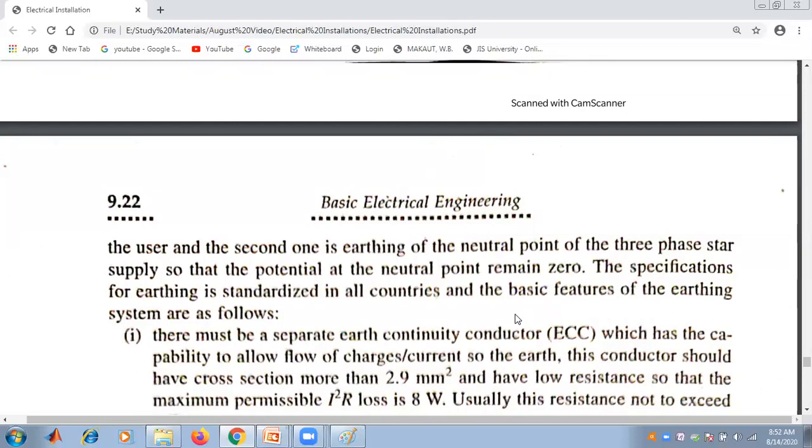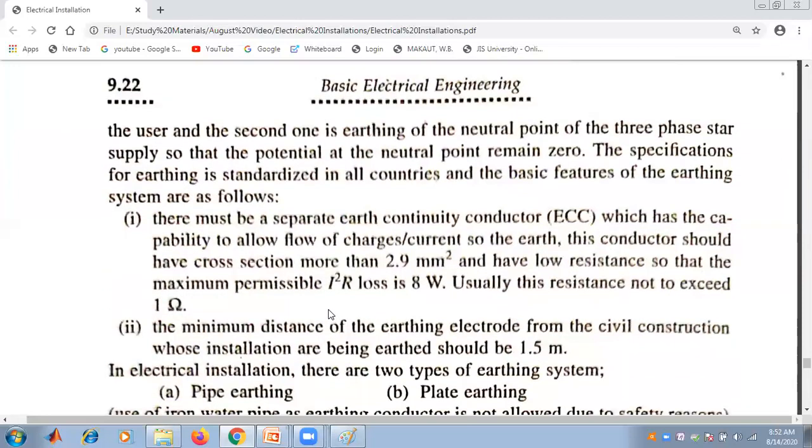that we have already seen. So the specification of earthing is standardized in all countries, and the basic features of the earthing system are as follows. There must be a separate earth continuity conductor or ECC, which has the capability to allow flow of charges or currents to the earth.